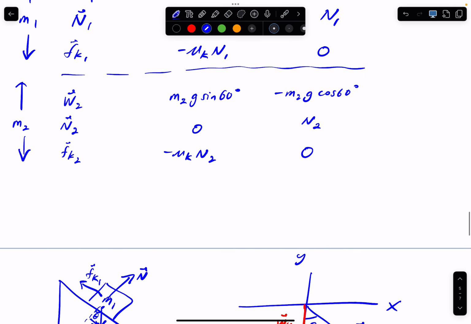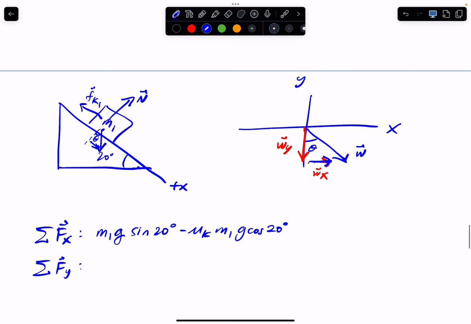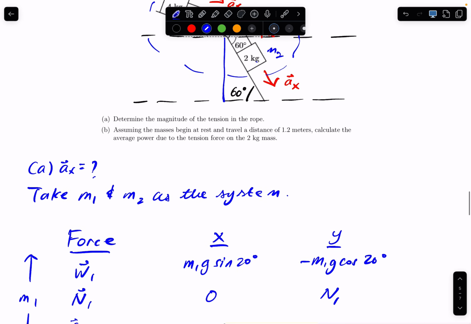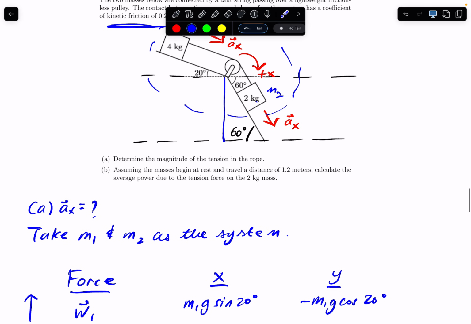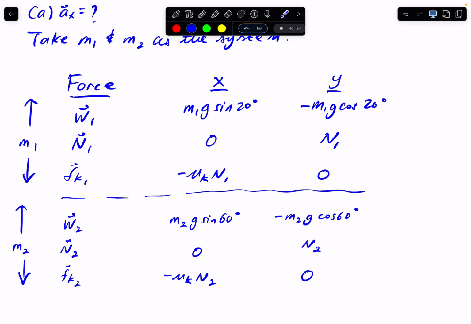Yep. All right, so we're just copying down all the x equations. And all the y equations. So let's see. Hang on. Oh, one difference here. For block 2 over here, if this thing is sliding down the ramp, which direction is the kinetic friction? Up the ramp, right? So that will be negative, right? Okay, negative, that's good. m1g sine 20, that's good.